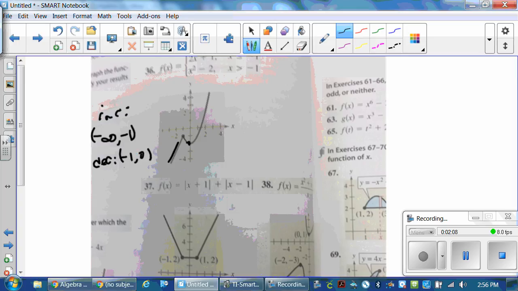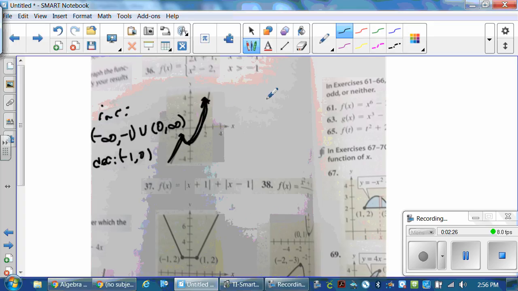So it's going up until I get to negative 1, then it's going down between negative 1 and 0, and then from 0 to infinity it's also increasing. So I'm going to put a U because that's my symbol for union, and from 0 to infinity it's increasing. Increasing here, decreasing, and then increasing.